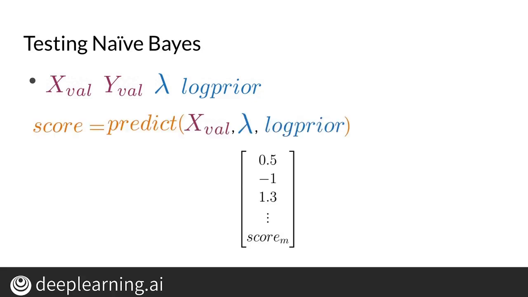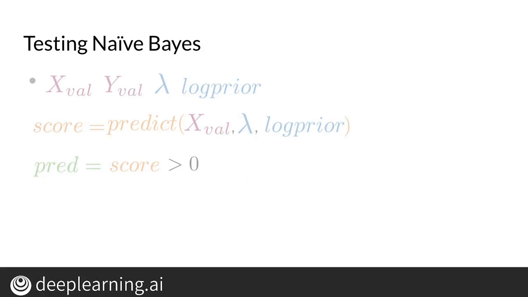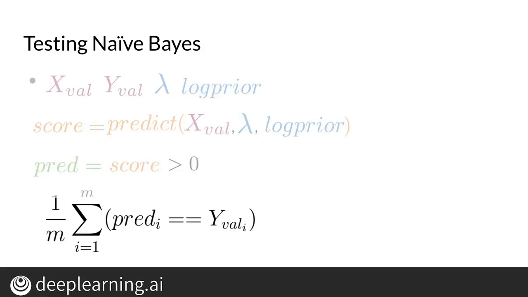First, compute the score of each entry in xval, like you just did previously. Then, evaluate whether each score is greater than 0. This produces a vector populated with zeros and ones, indicating if the predicted sentiment is negative or positive, respectively, for each tweet in the validation set. With your new predictions vector, you can compute the accuracy of your model over the validation set.